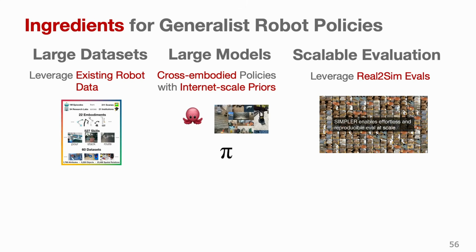Then we have covered how you can train generalist policies and cross-embodiment generalist robot policies from scratch on this data, followed by how to leverage internet-scale priors like VLMs in order to train VLAs, or vision language action models. And finally, we have also shown one way the community is exploring for how to make evaluations of such generalist robot policies more scalable by leveraging correlated evaluations in simulation.